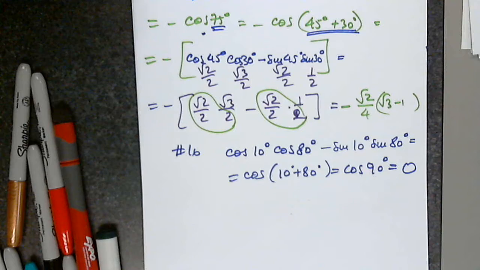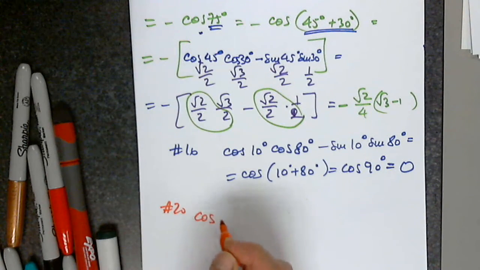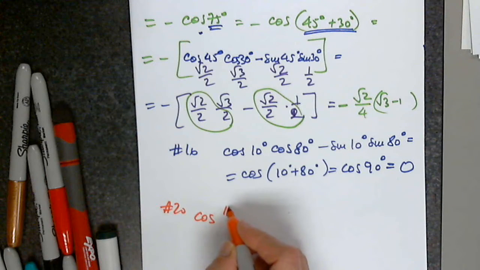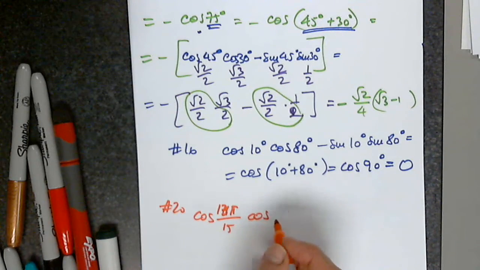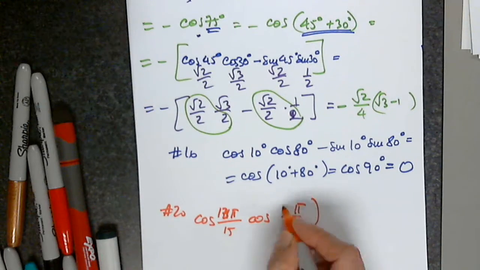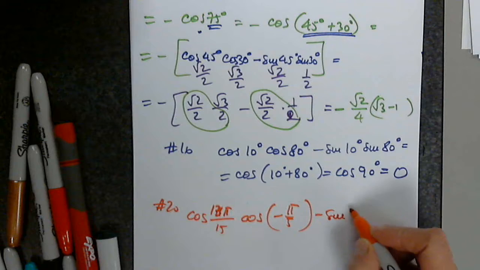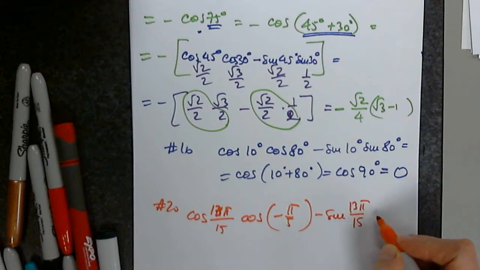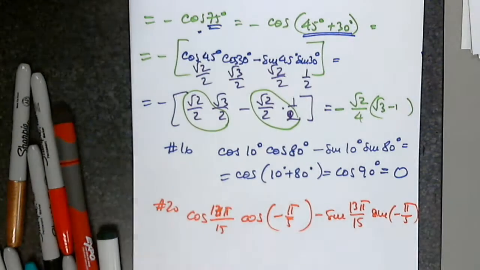Okay, so 20, cosine 13 pi over 15 times cosine negative pi over 5 minus sine 13 pi over 15 and sine negative pi over 5.